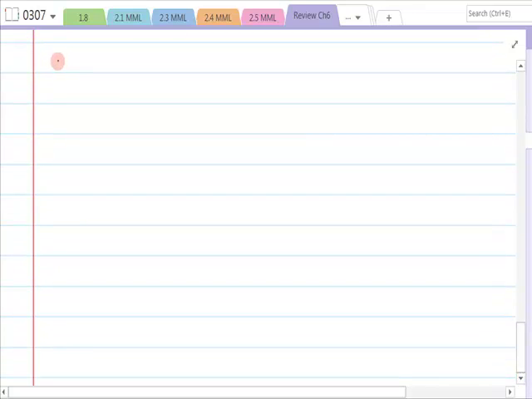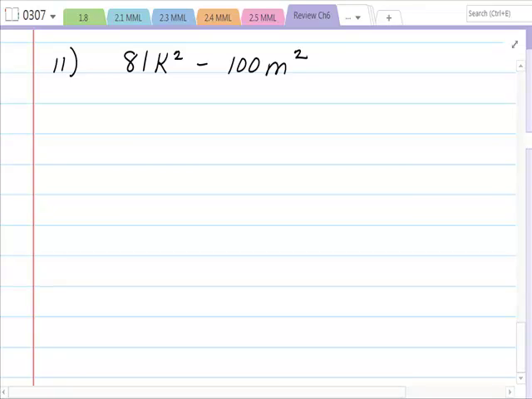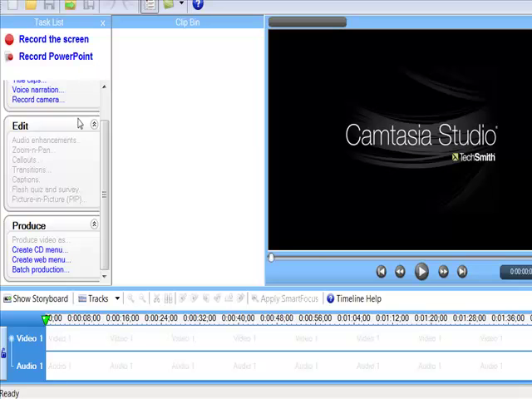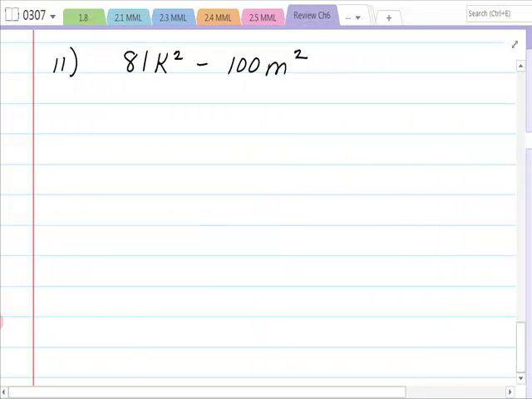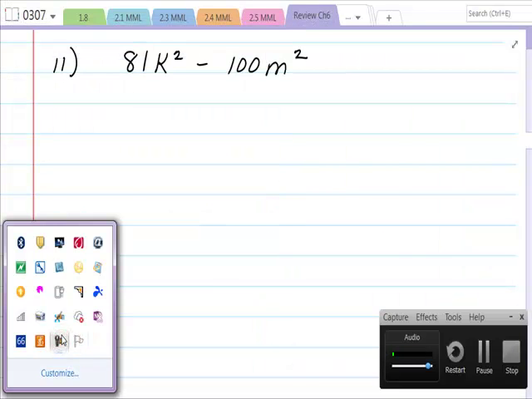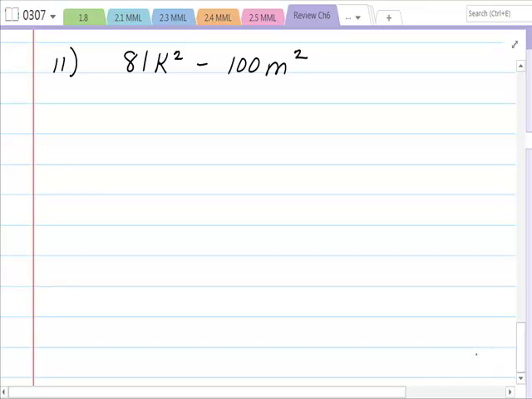Number 11. I have 81k squared minus 100m squared. And we're back.